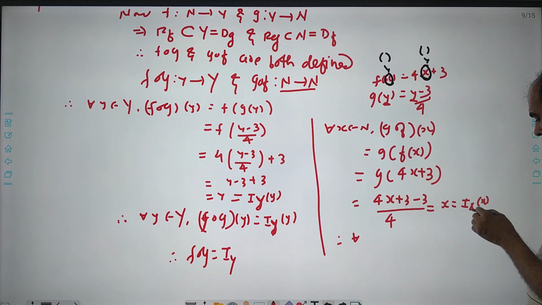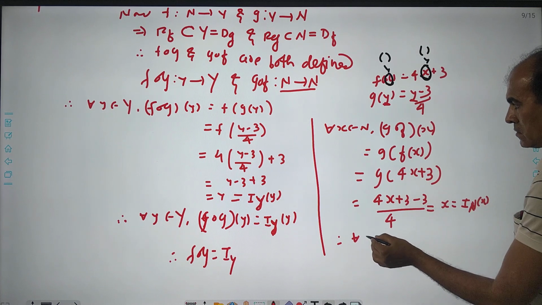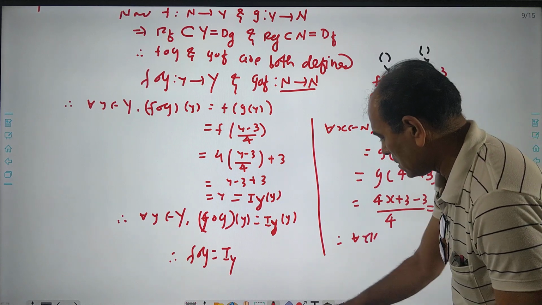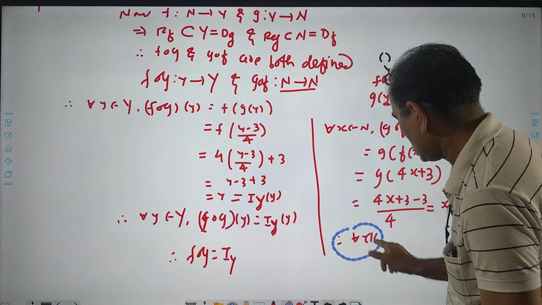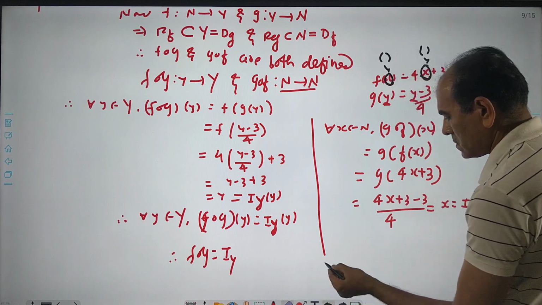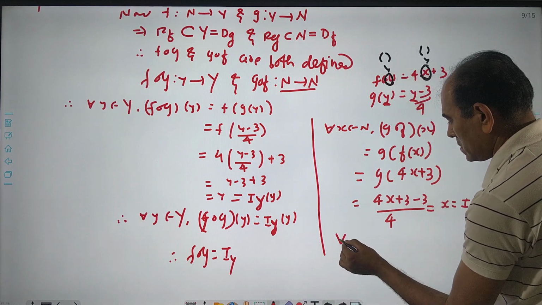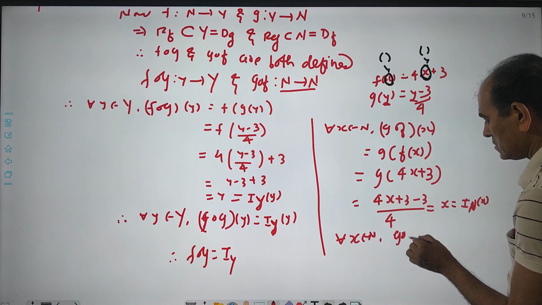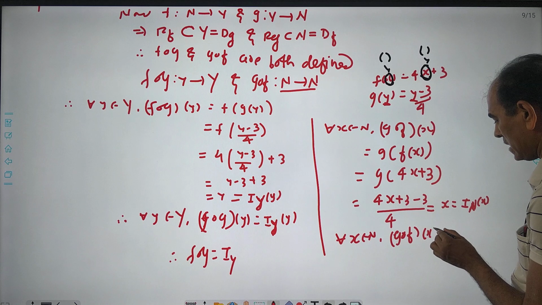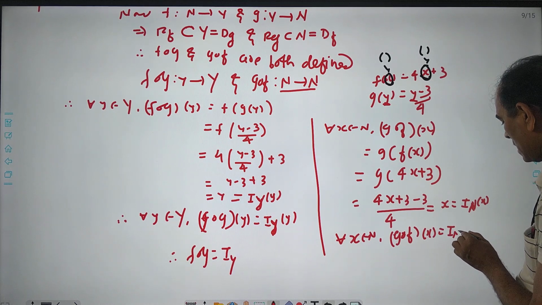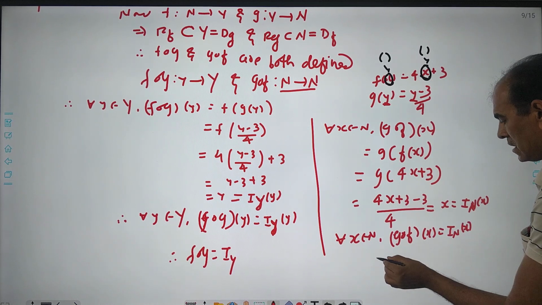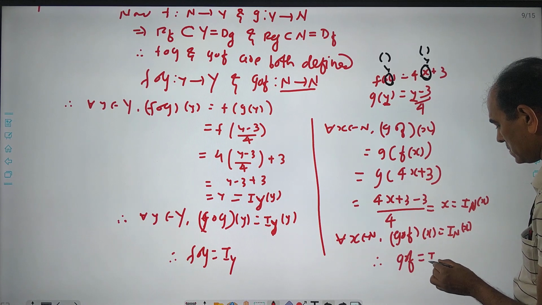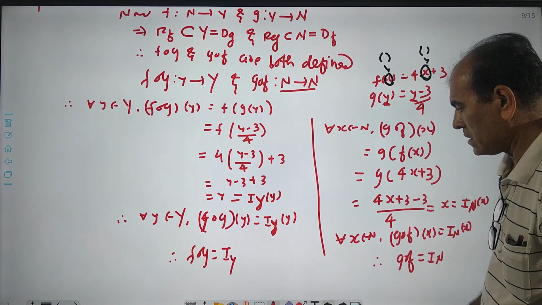Identity on N. So for all x belongs to N, (g of f) at x is equal to I at x, and therefore g of f is equal to I_N here.